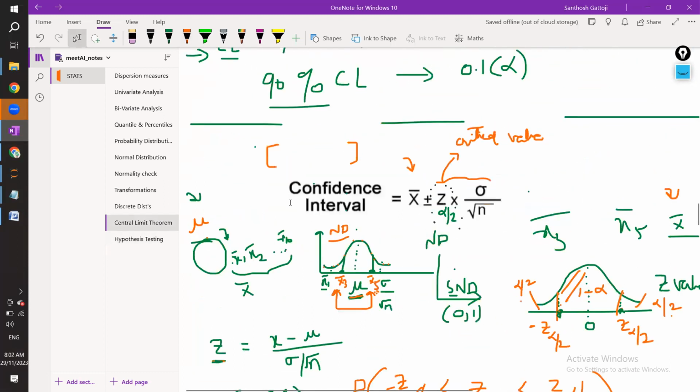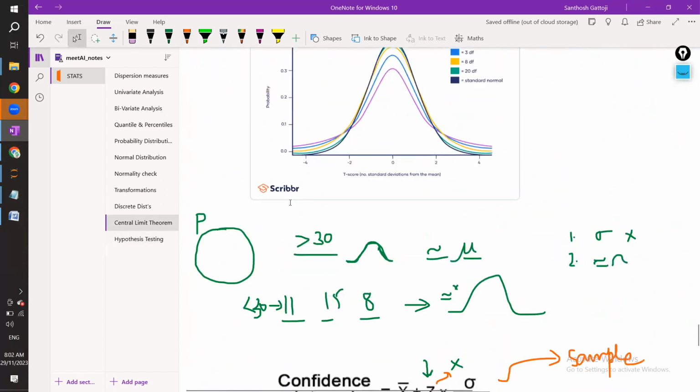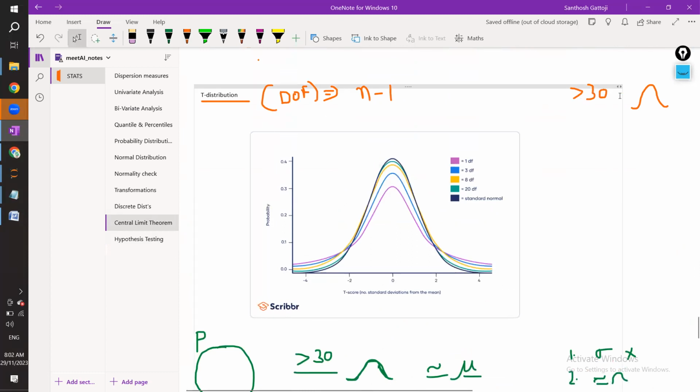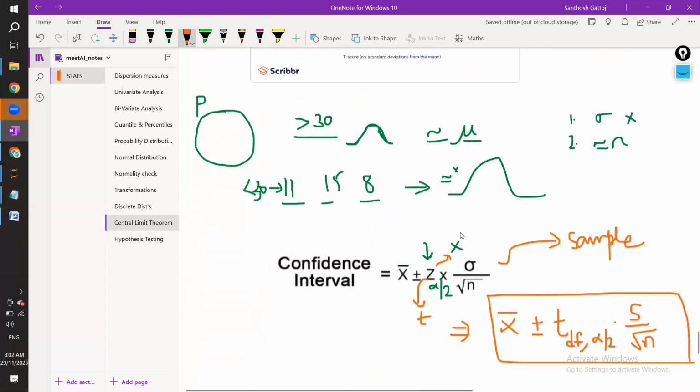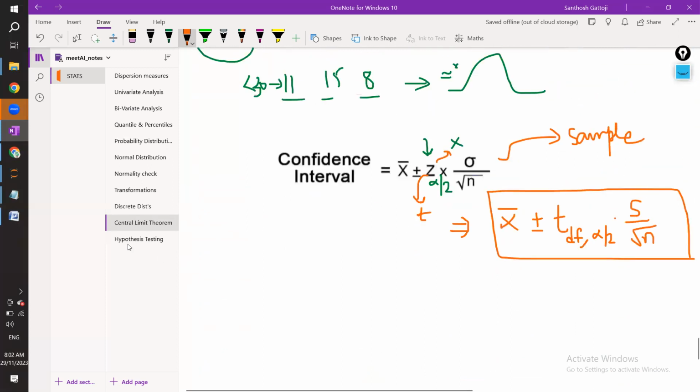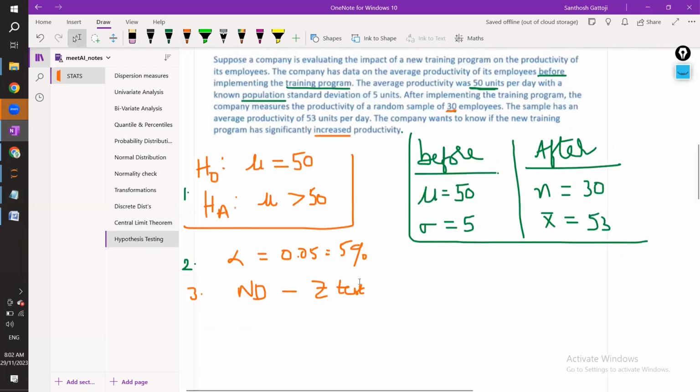Good. Whenever the sample n is less than 30, you will have a t-test. As the sample size increases, it will become the normal distribution. But here our sample is 30, so our distribution will be a normal distribution and we can use a Z test.